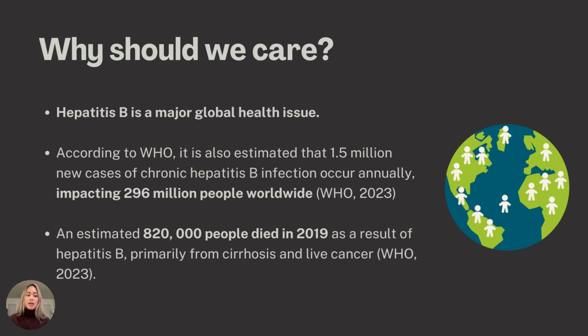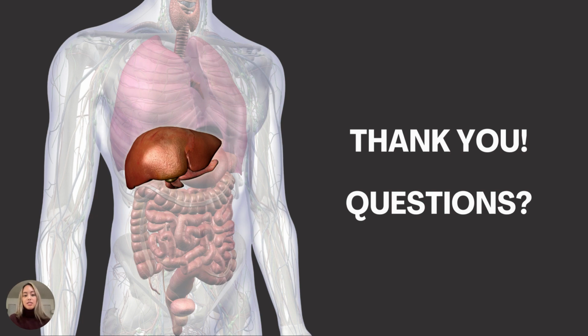So an estimated 820,000 people died in 2019 because of hepatitis B, primarily because of liver cancer or cirrhosis. So this is a lot of people that this virus is infecting, and that's why we should care. Open to questions. Thank you.